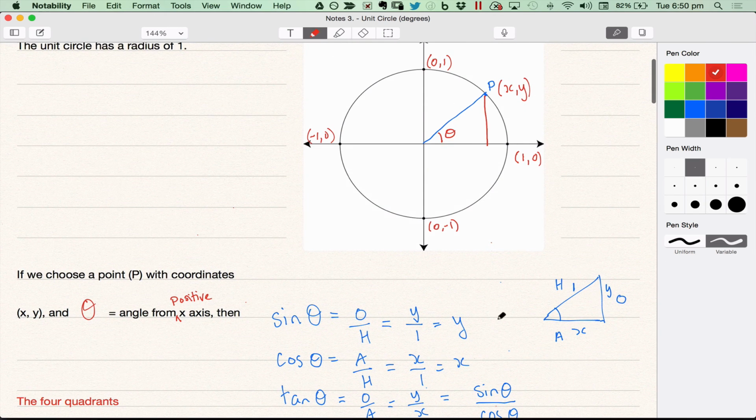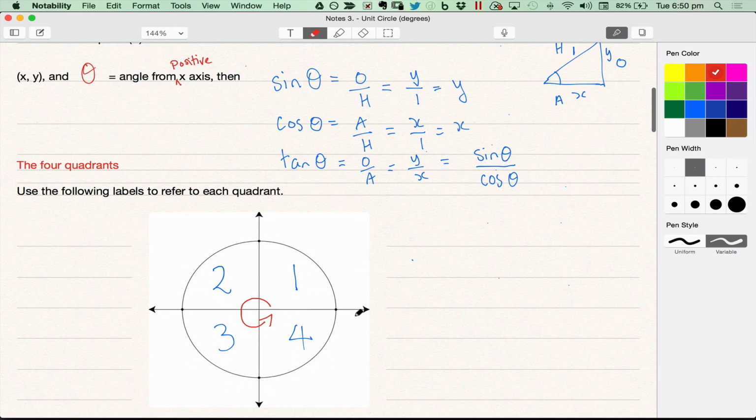The other thing we need to look at, because we're talking about angles, is this angle theta from the positive x-axis, so we always start at the positive x and go around the same way as the arrow. So this will be 0 degrees where we start. We go up to here, this is 90 degrees. Keep going around to here, this will be 180 degrees.